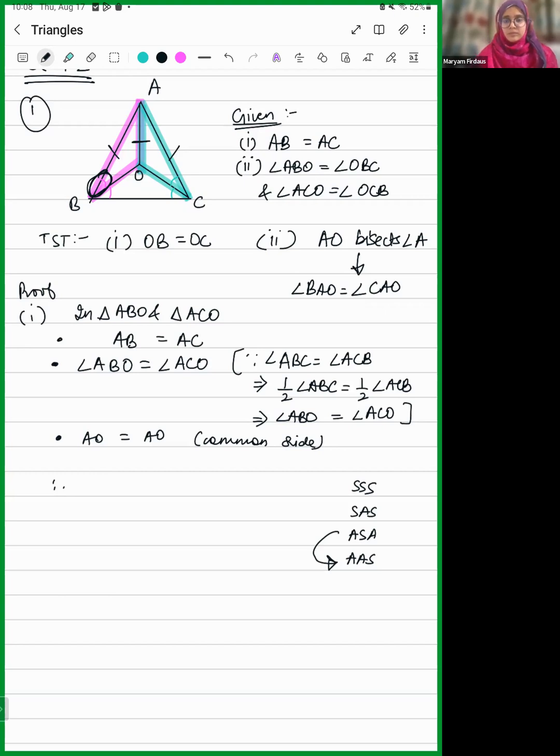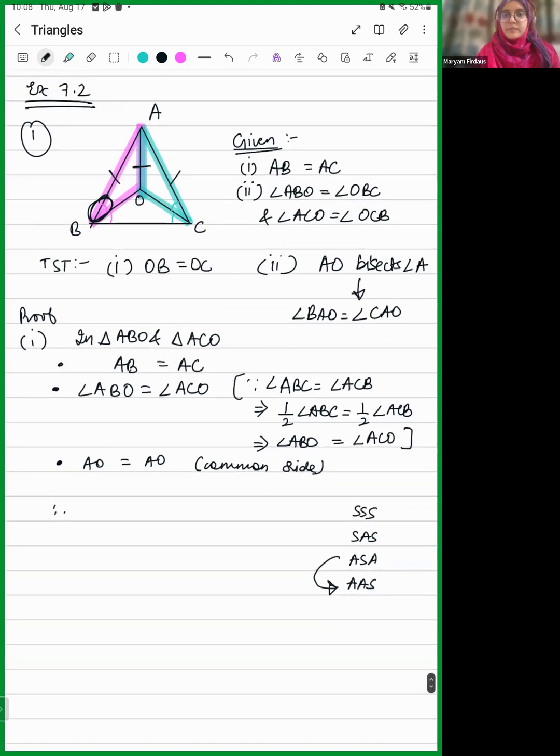Any hint? Okay, see. So what all have we shown? We have shown one side. We have shown one angle. And we have shown a common side, right? Is there any other way to show that OB is equal to OC instead of showing them both as congruent?